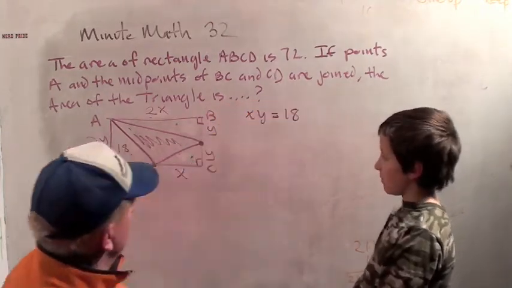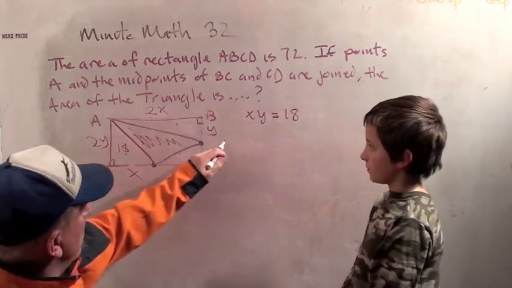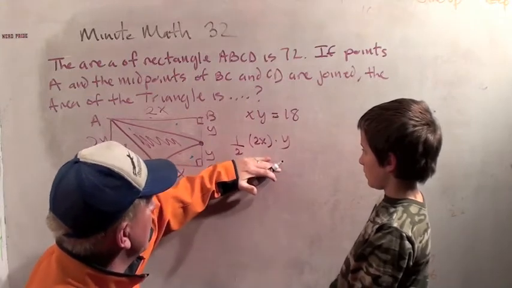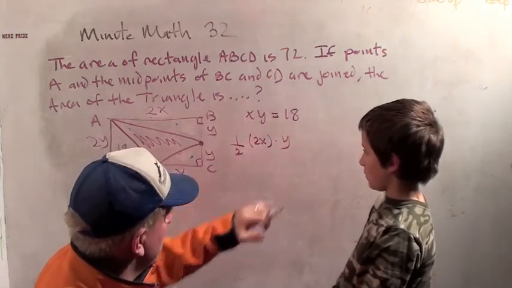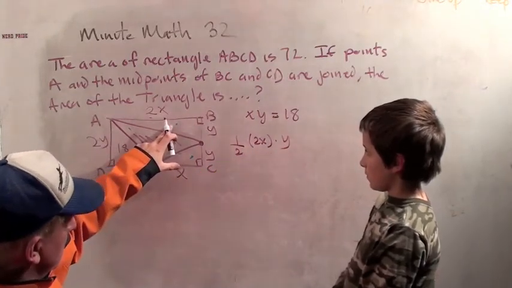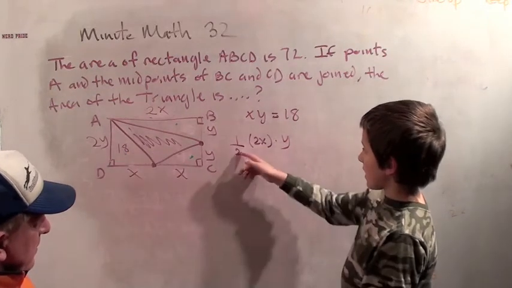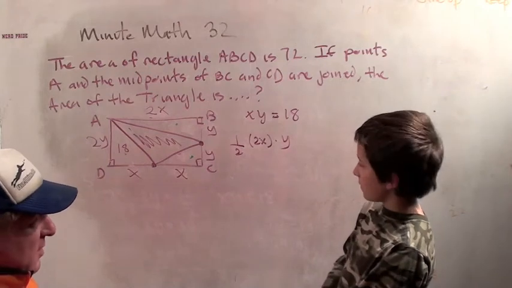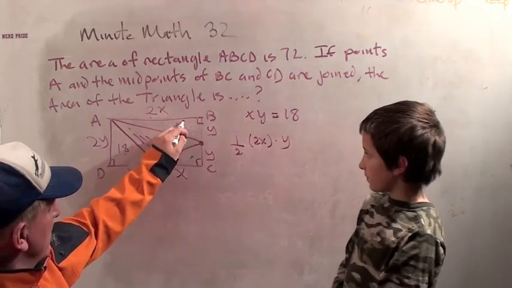Now what's the area of this triangle? It's 1/2 times 2x times y. What does that simplify to be? Well, you just cancel the 2's, and so what am I left with? xy. What is xy? 18. Interesting.